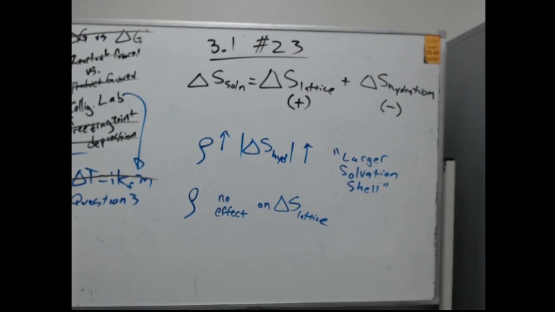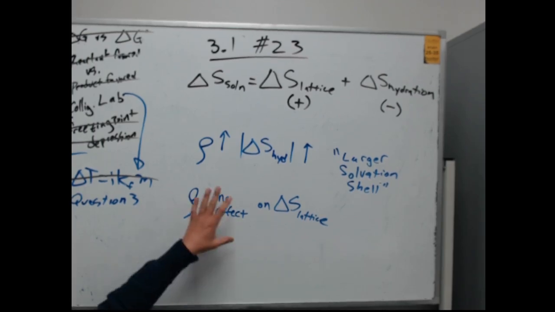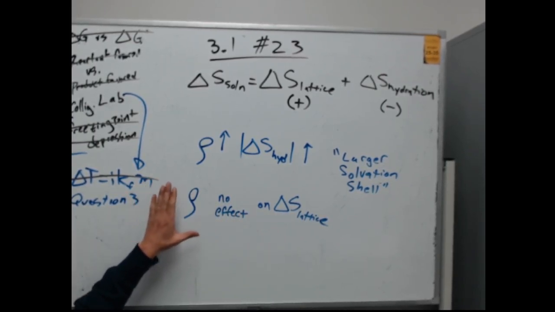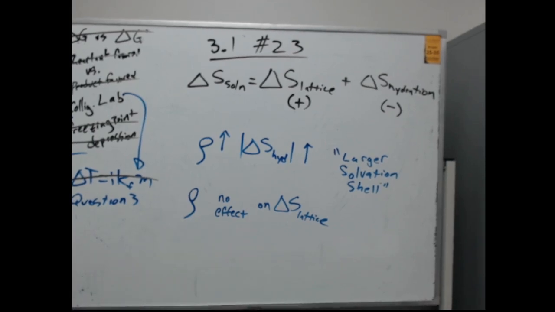However, with the delta H, the enthalpy, plus 2s are harder to break apart than plus 1s, right? That charge had a direct effect on how much energy it took to break it apart. So for enthalpy, we saw charge density affect the lattice. For entropy, charge density has no effect on the lattice.